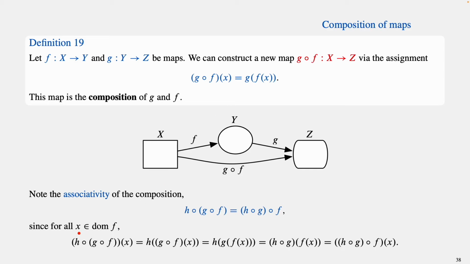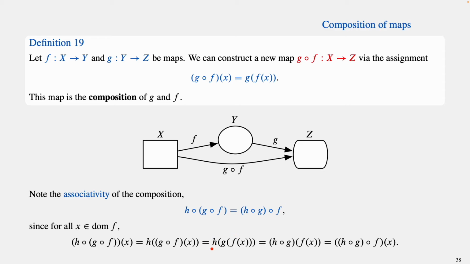So we take any x from our input domain, plug it into this function, then by definition this is the same as h being applied to the value of x under the composition of g and f. And this inside here, inside the outer parenthesis, is the same as g being applied to the value of f of x.